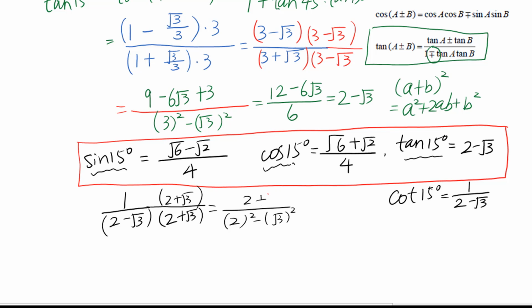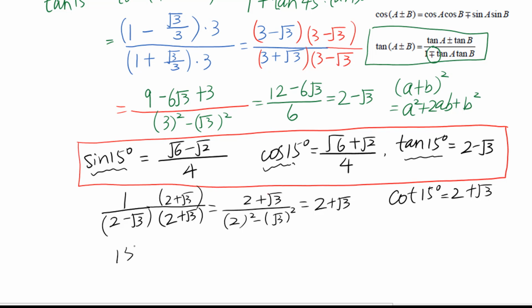Top is 2 plus the square root of 3. Denominator is 1. Numerator will be 2 plus the square root of 3. So we get cotangent 15 equals 2 plus square root of 3.